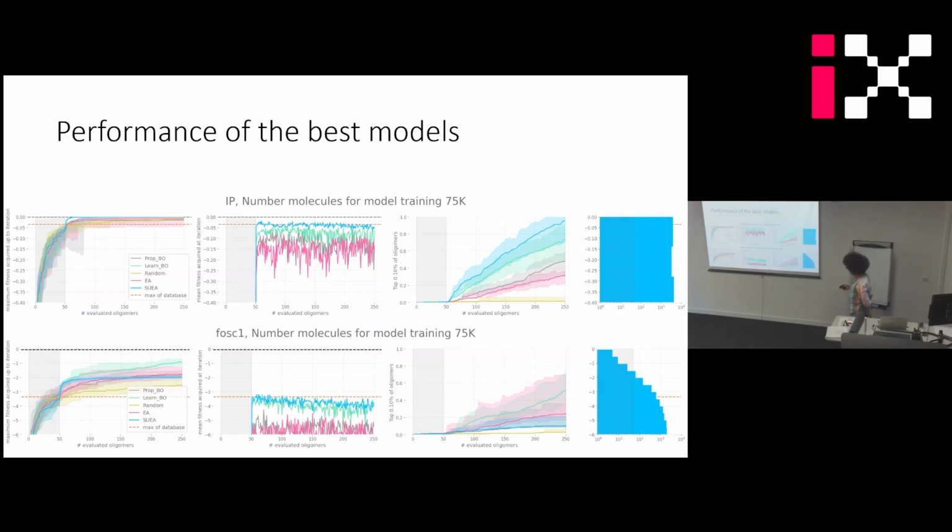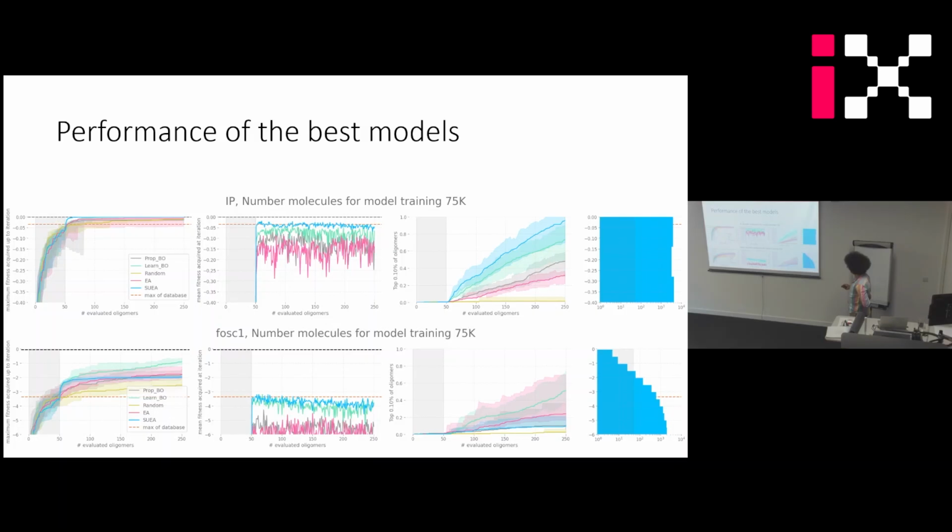The surrogate model suggests more elements that have, on average, a higher mean value, but it's very hard to find good ones. So it performs worse than an EA on its own at finding the best ones that are out of the distribution.